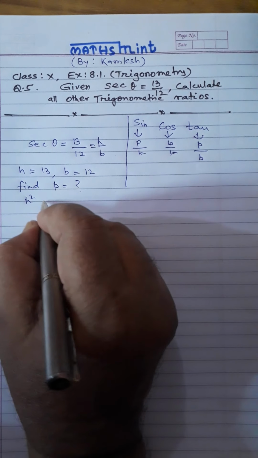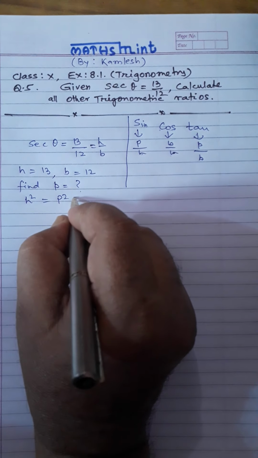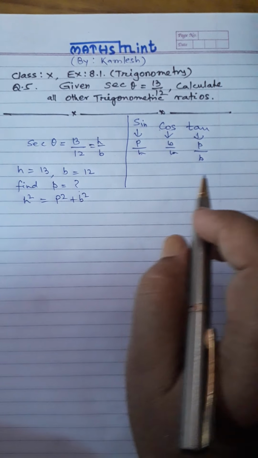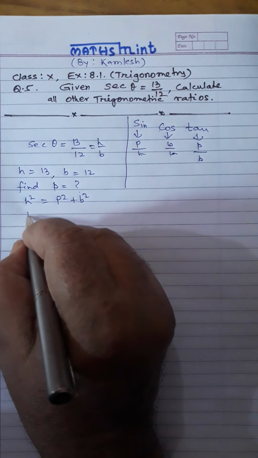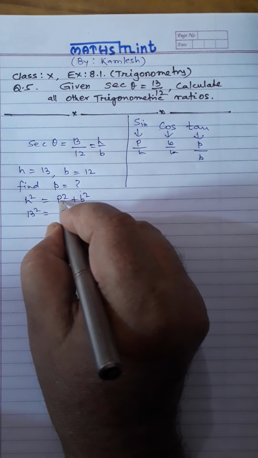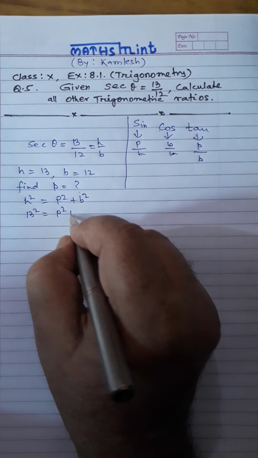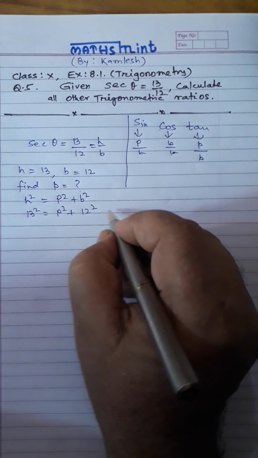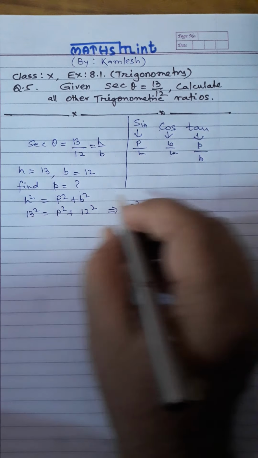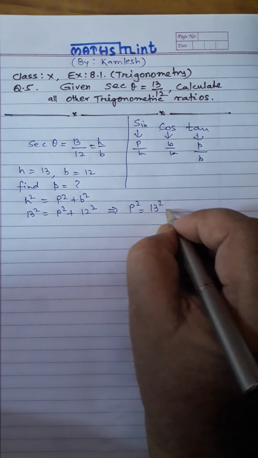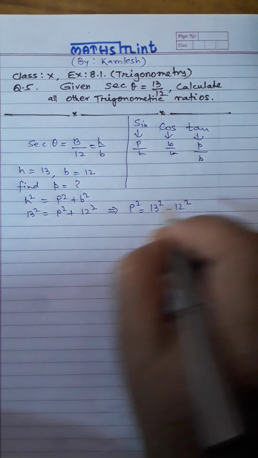H square is equal to p square plus b square. By Pythagoras theorem we know here h square is 13 square, p square we have to find, b square is 12 square. So p square will be 13 square minus 12 square.